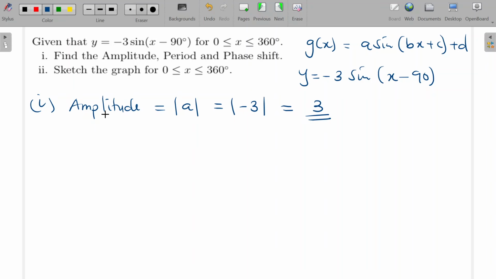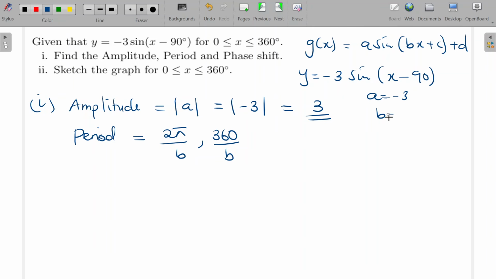Then I go to the period. Period is equal to 2 pi over b. In this case, since we are using angles, it is 360 divided by b, because 2 pi is in radian measure and 360 is in degrees. So what is our b? Here our A is equal to negative 3.